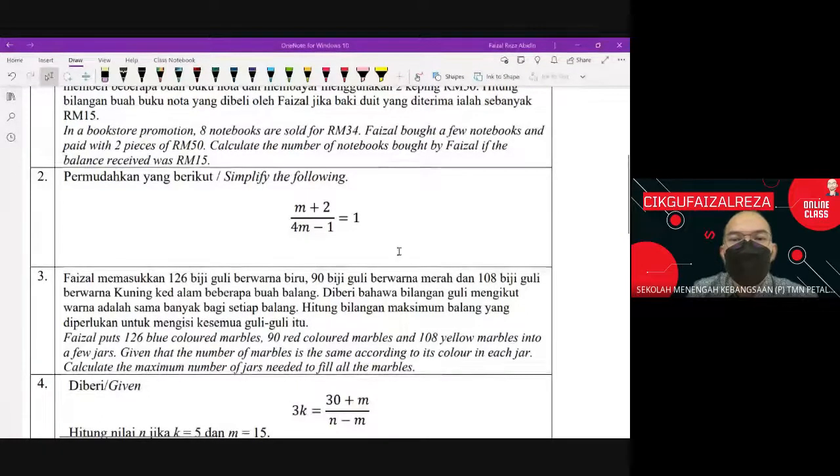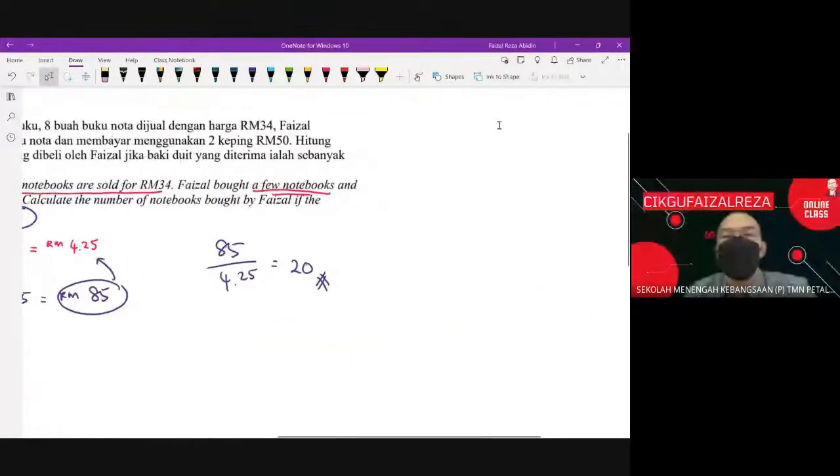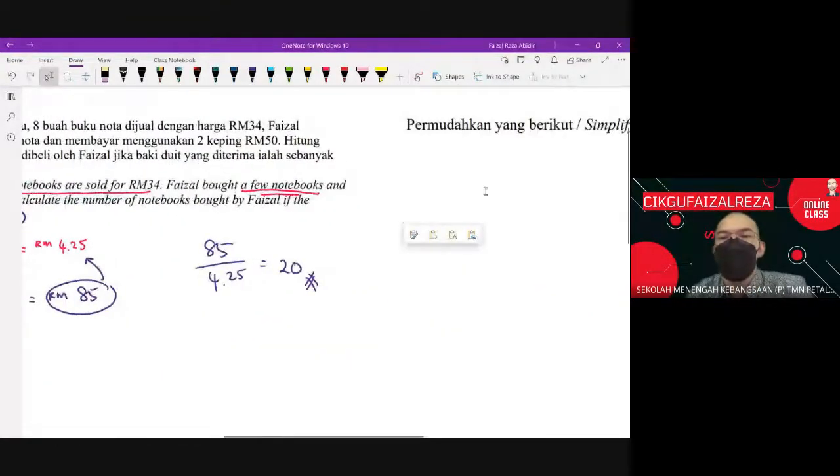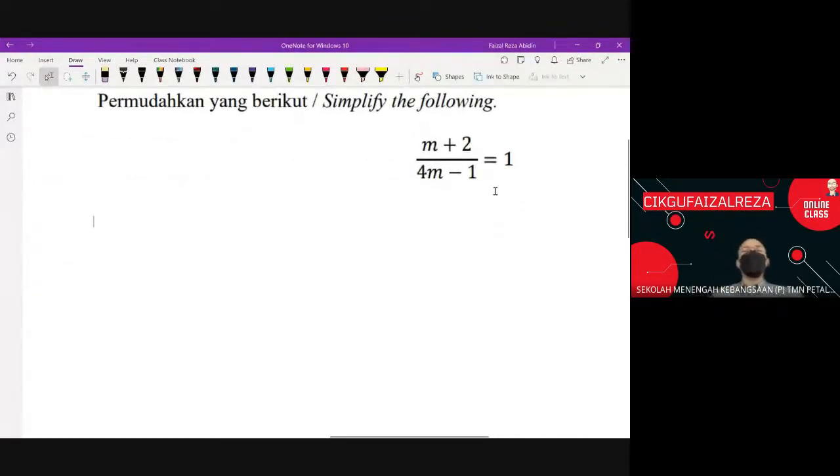Okay, simplify the equation: m plus 2 over 4m minus 1 equals to 1. What should I do first? I'm going to make it as in equation without fraction, isn't it?